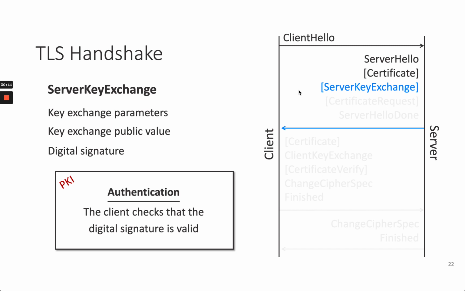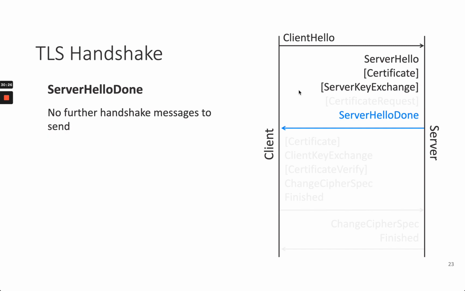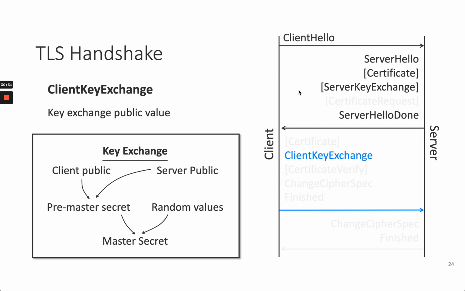So that's another massive part of public key infrastructure that I'm going to talk about in a little while. Assuming that passes, that means the client can be confident in the identity of the server, which on the internet is really, really important. Right. The server then is finished. They send server hello done. And then the client can respond with their key exchange message, where you can see there in grey, there's a certificate and a certificate verify message.